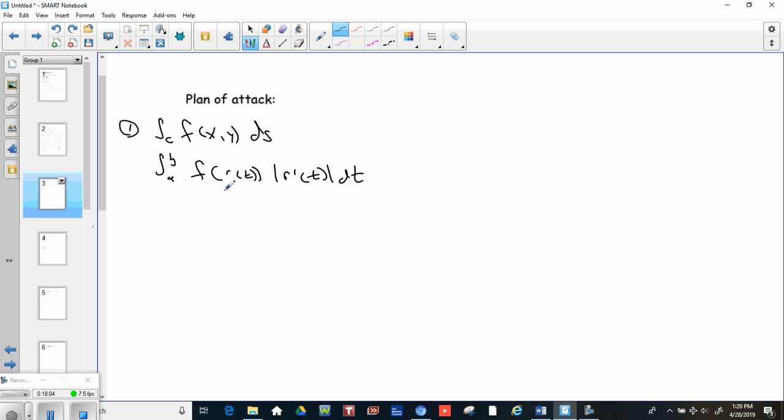So remember that this piece right here, r of t, is defined by your curve, so we're going to parameterize it by using our curve, and that this part right here, the magnitude of r prime of t, well, r prime is a derivative, magnitude is the square root of that, so it's the square root of dx dt squared plus dy dt squared.